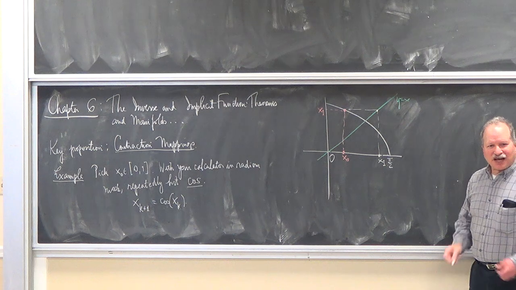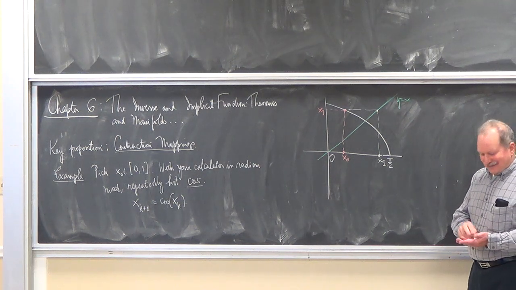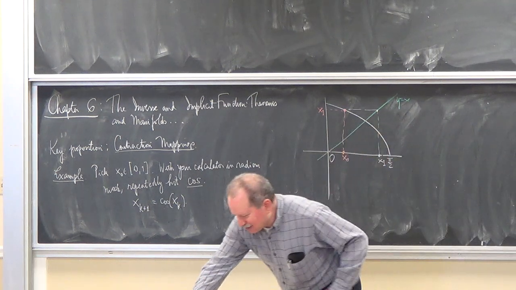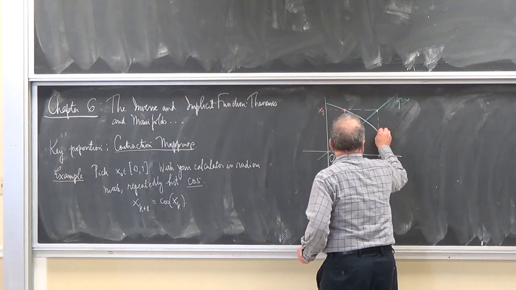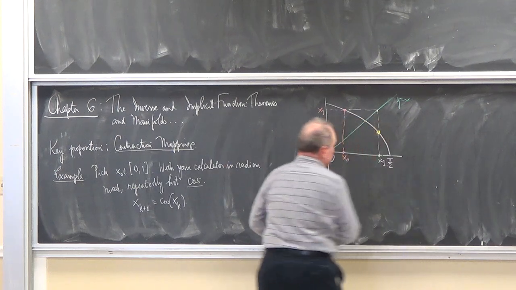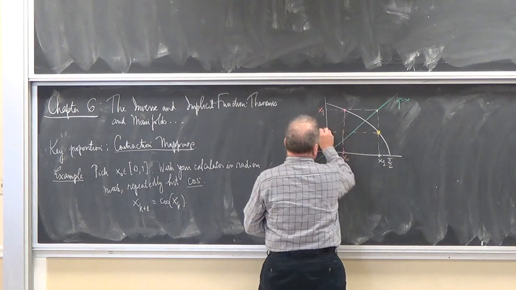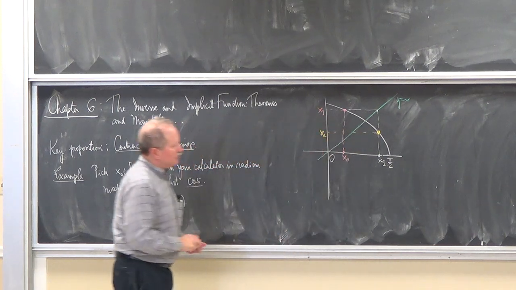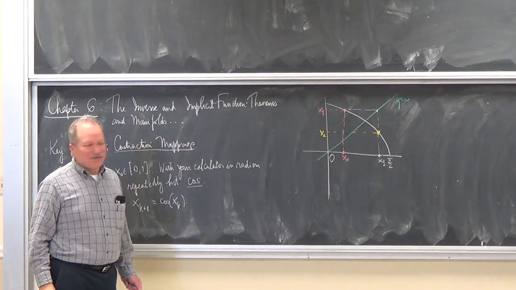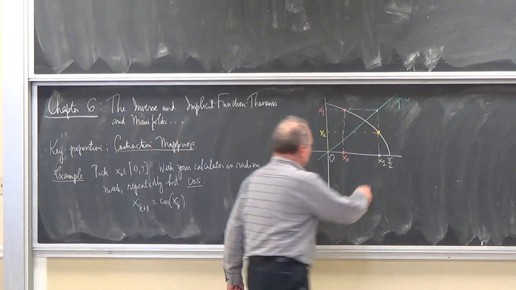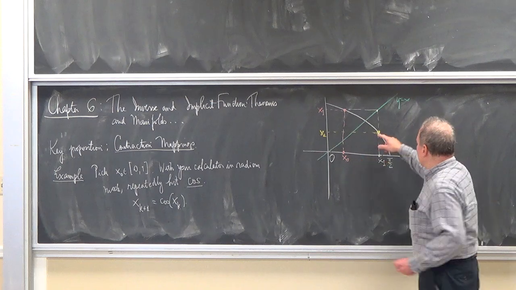And then I hit the cosine key again, so I'm now at x sub 2. Agreed? Well, now I want to get x sub 2 back on the x-axis. So I do the same thing.